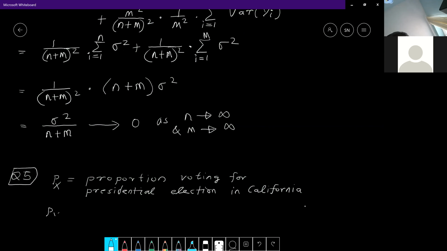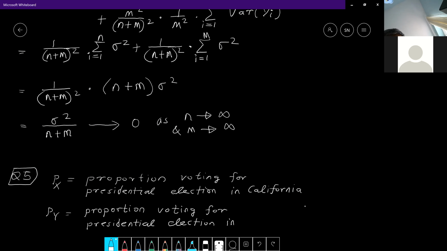The second proportion we are interested in is the proportion voting in Colorado. So these are the two.